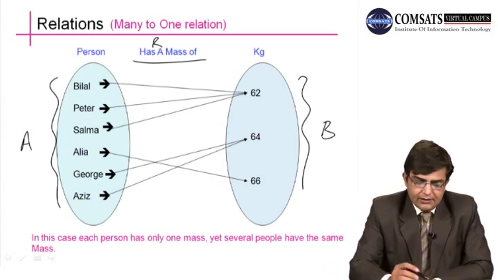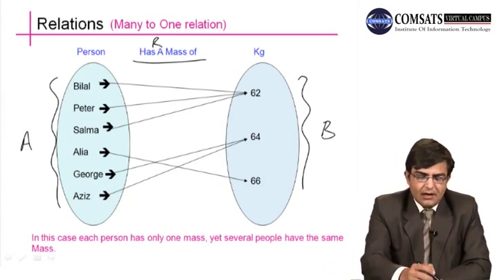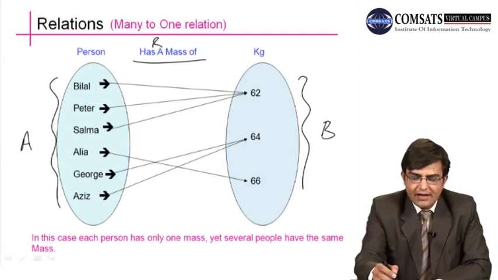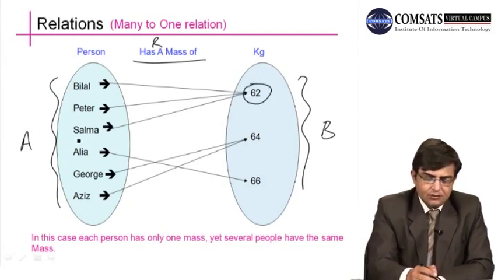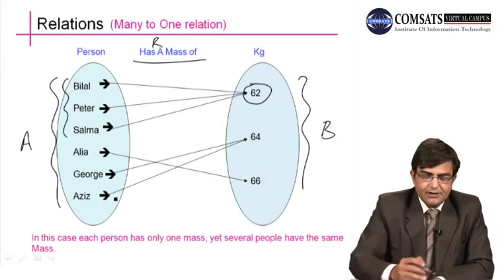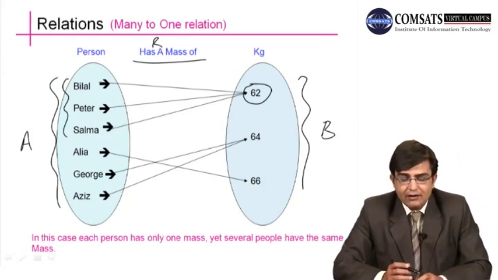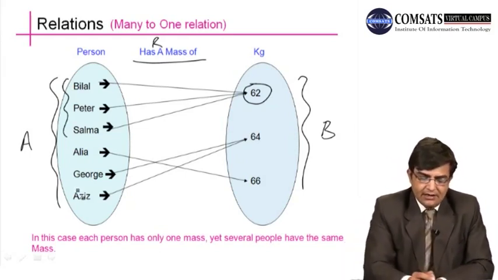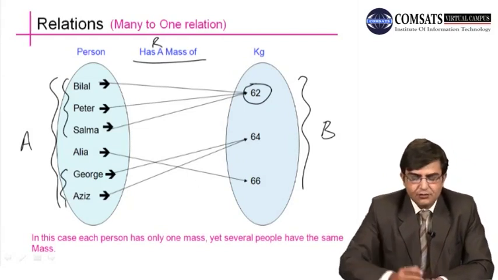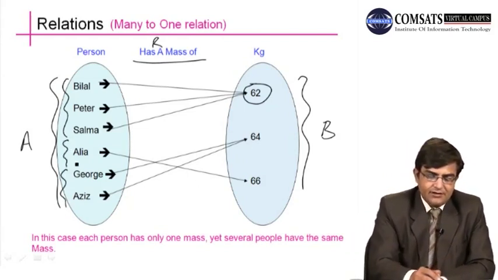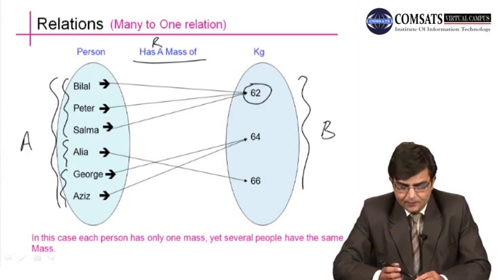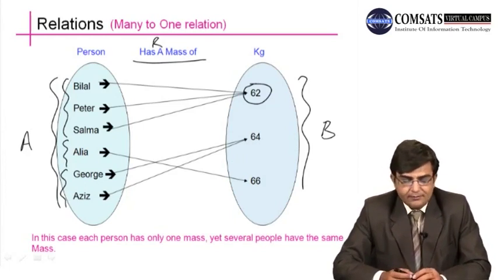Here you can see that many people are related to only one element of B. Here we have three persons who have 62 kg weight. Here we have two persons who have 64 kg weight. Here we have one person who has 66 kg weight.